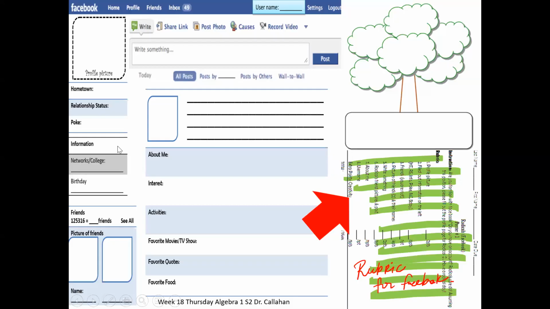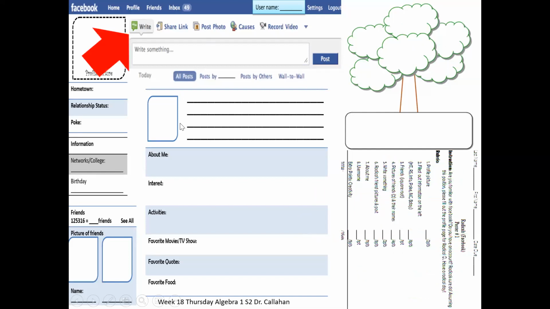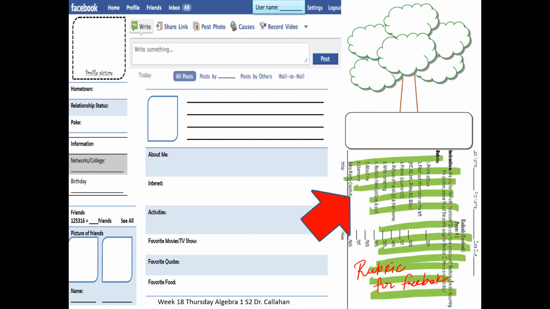Okay, so now I'm going to go on to our next part, which is in your guided notes. This might be a little bit outdated, but that's okay. If you were to create a Facebook profile of a square root, what would you write on their page?